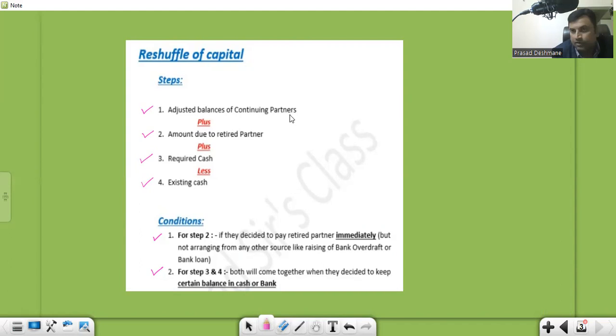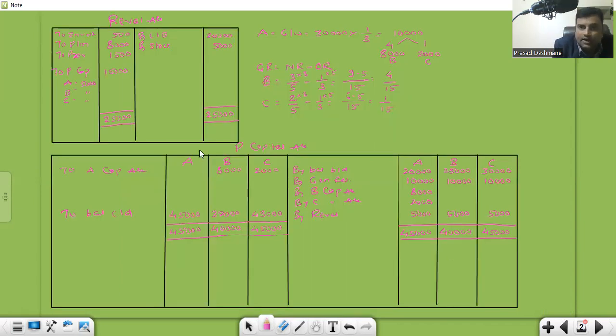Adjusted balance of continuing partners, then the amount due to retired partner, plus required cash and less existing cash. Okay. So I'll do it here only. Check what is the adjusted balance of continuing partners. Who are continuing? A, B and C are continuing, right? Because A retires. What is B's balance? Adjusted balance 32,000.